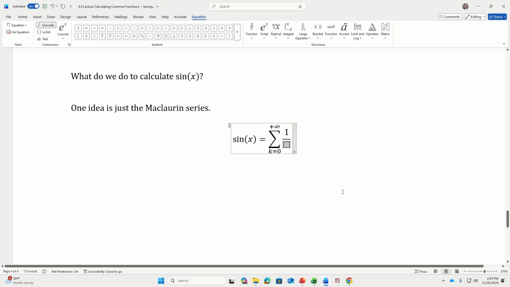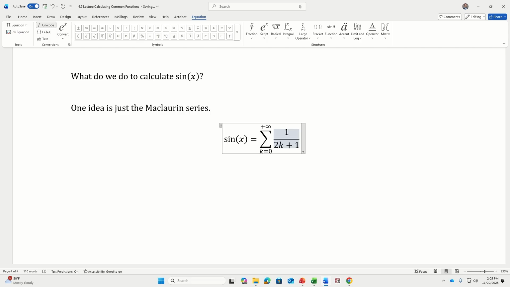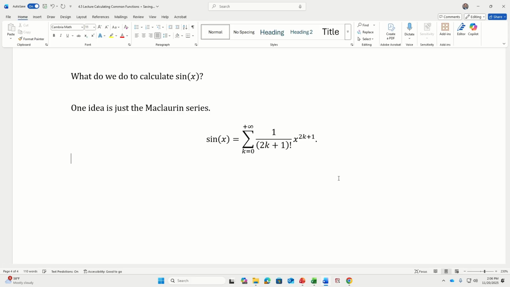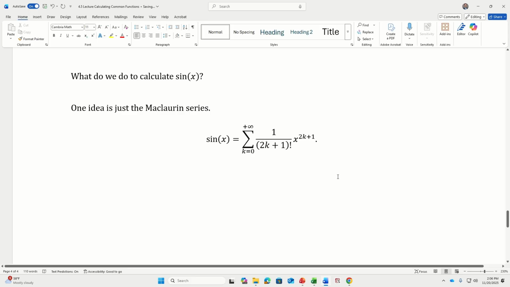It's going to be 2k plus 1, x to the power 2k plus 1. Is that right? Oh, factorial. There you go. Is that right? Because that skips over the even terms, and sine's an odd function, so it shouldn't have any even powers of x in the power series.